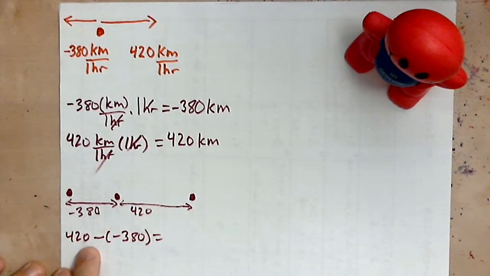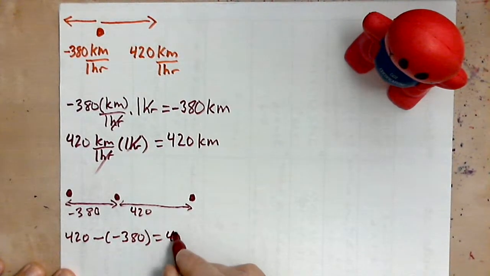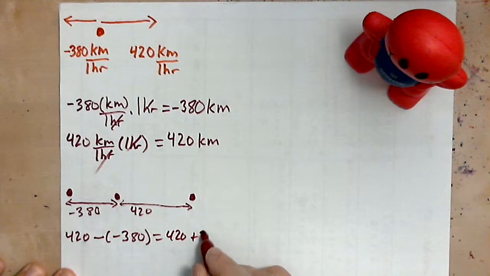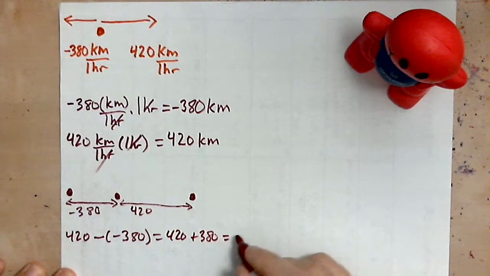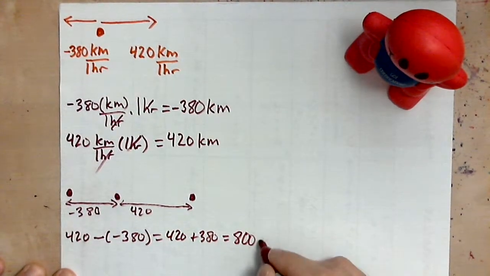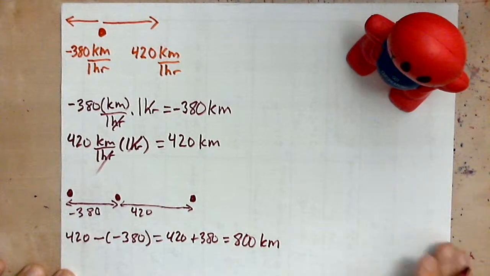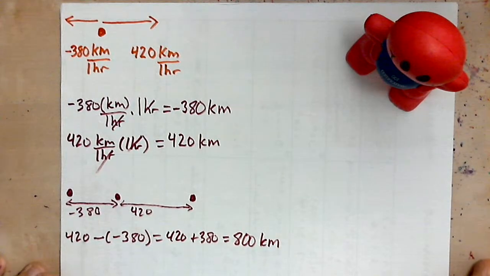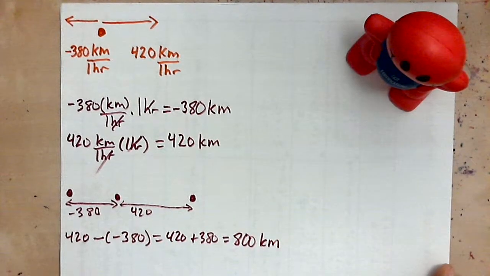These two turn positive. So you have 420 plus 380, which gives 800. So 1 hour into the journey, these two airplanes are 800 kilometers apart. One is going west and the other one east.